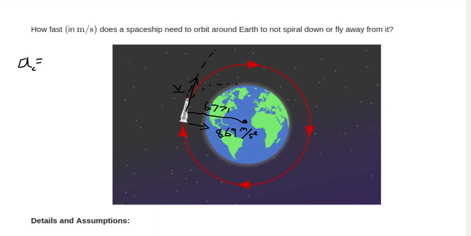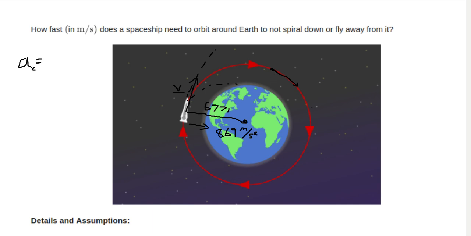And so if the length of the velocity vector isn't changing, then the centripetal acceleration will change the direction. If we take a point on this circle, the velocity vector will be tangent to the circular orbit.